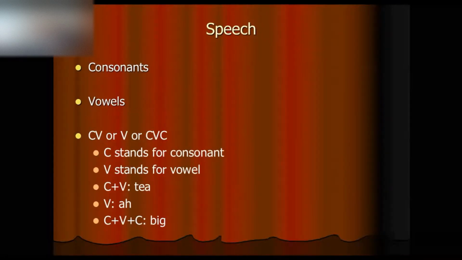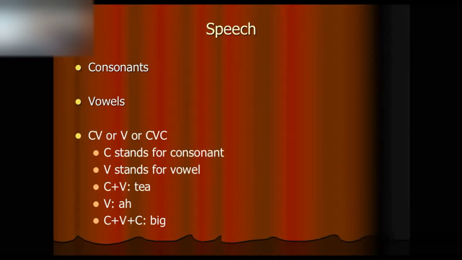If you look at our words, there are three patterns for the majority of words. Basic patterns are like CV, V, or CVC.